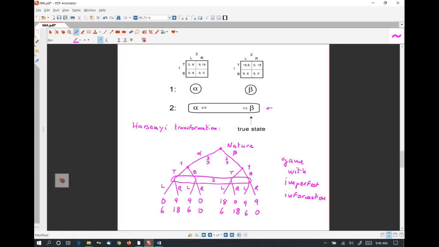Now you can see that the picture we would have drawn would have been exactly the same if the true state had been alpha. Right? There's nothing in the game that Harsanyi suggested that tells us what the true state is. Of course, we could add that information, maybe put the beta in a square and say the square means this is the true state, but this is not what Harsanyi did.